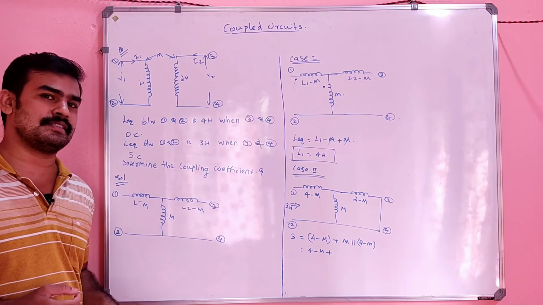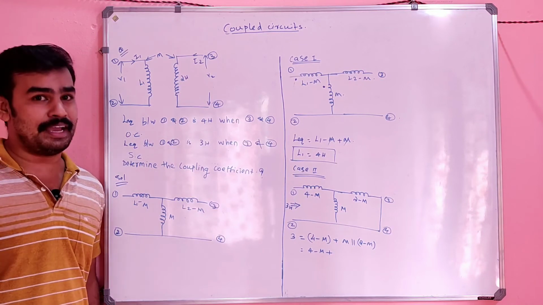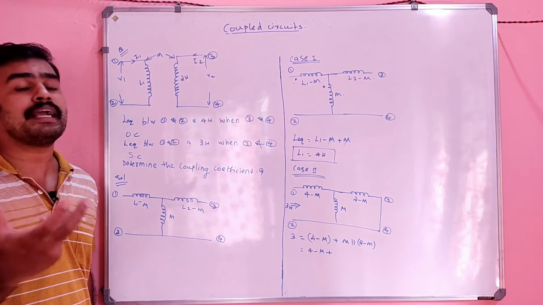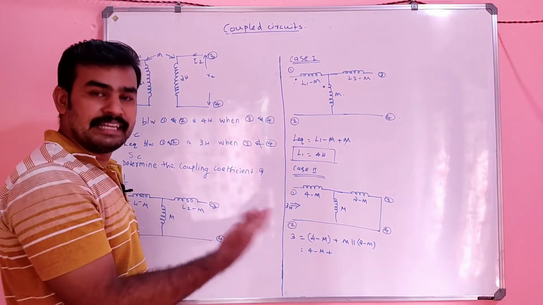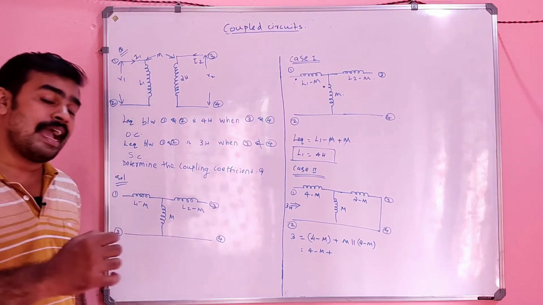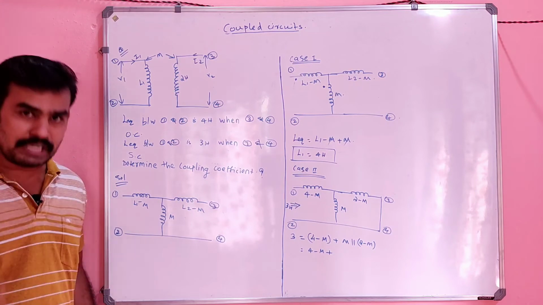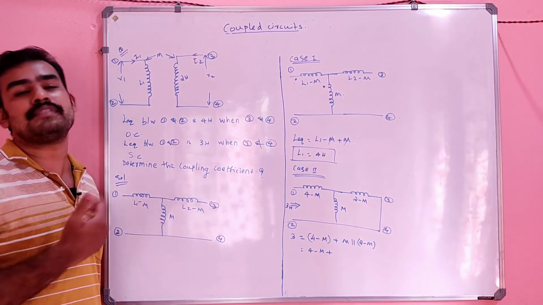Of course, but what is XL? L into omega. If omega is common, that means the supply is the same for both inductances, then you can use the same parallel connection equation as for resistance in the case of inductance also.